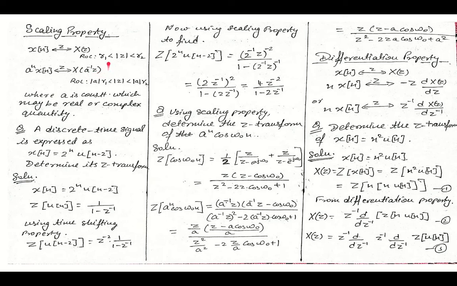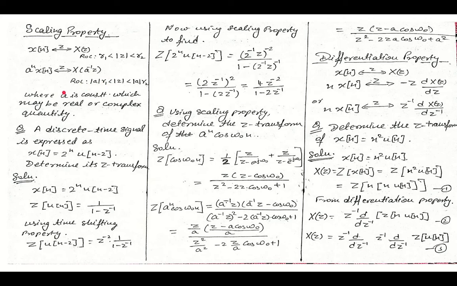That means wherever there is z in X(z), instead of that z we can write a inverse z. Now the ROC will subsequently change as |a| R1 < |z| < |a| R2. So this signal is scaled over here, and there will be a scaling at the ROC as well.